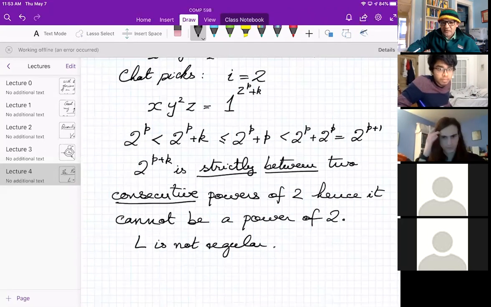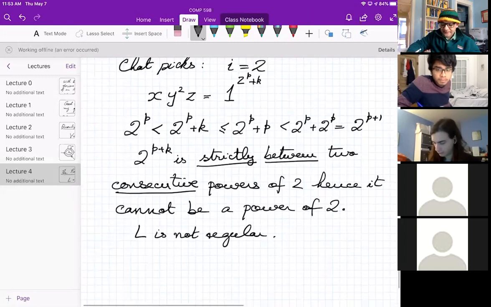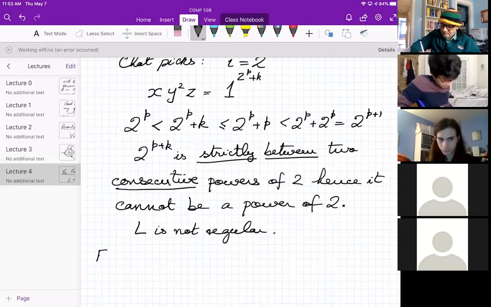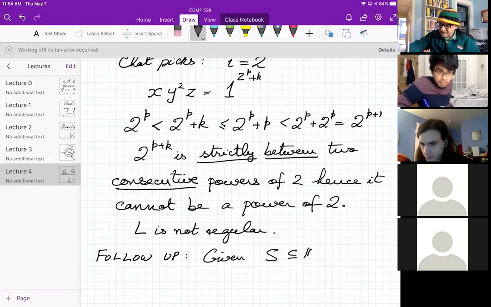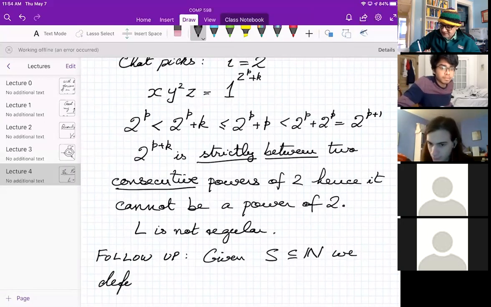So I want to do a small follow-up puzzle. Given any subset of the natural numbers, we define two sets.